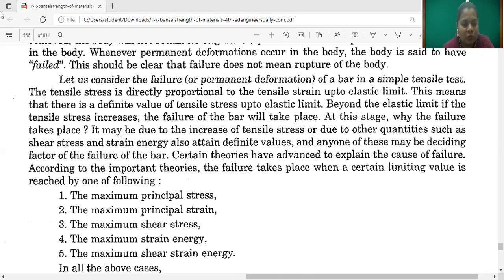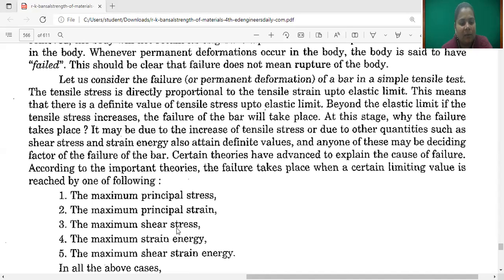Okay, so here five theories are noted, so you also write down. First one is the maximum principal stress theory. Second one is the maximum principal strain theory.